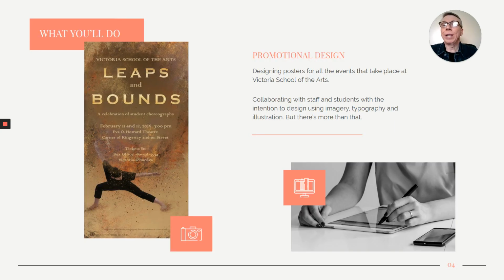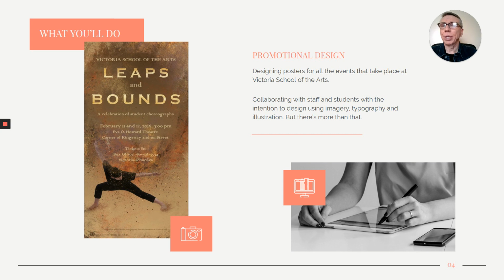So what other things will you be doing? Well, besides designing posters for all of the events that happen at Victoria School of the Arts and outside of our building, you'll be doing package design, logo design, and you're going to be collaborating not just with other students in the class, but students outside of class, as well as staff members.